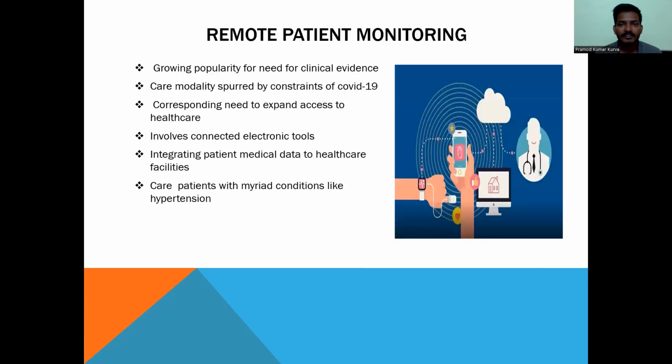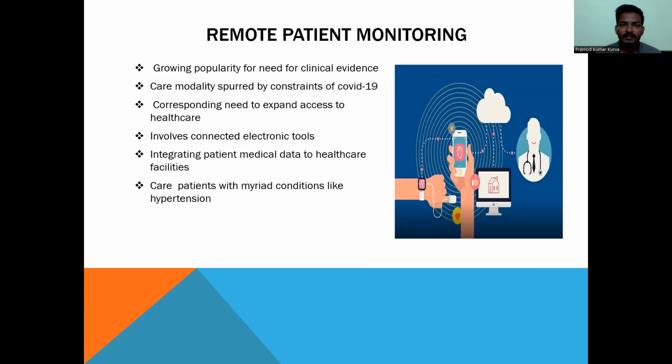And remote patient monitoring, how does remote patient monitoring work? Nowadays we know that we can even record our daily activity on our mobile smartwatches, and also on smart earpods as well.